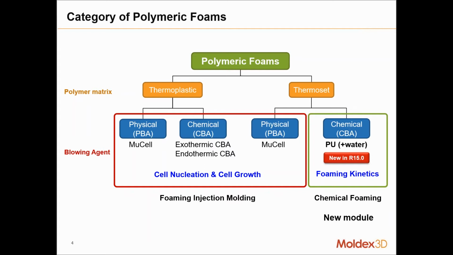So for example, you could have a thermoplastic material combined with a chemical blowing agent, right, to cause some sort of chemical foaming happening. Or you could have a physical foaming process happening, like MuCell. When you have thermosetting materials, you can have a material like polyurethane, where foaming occurs upon mixing the different components.